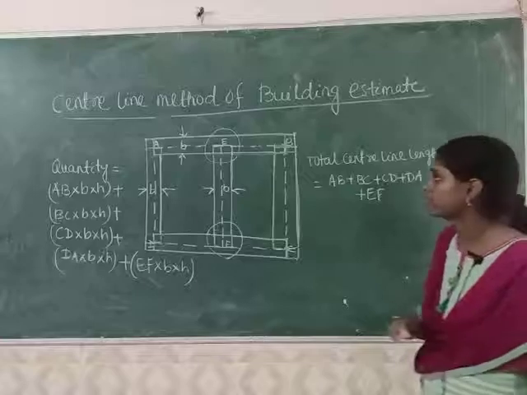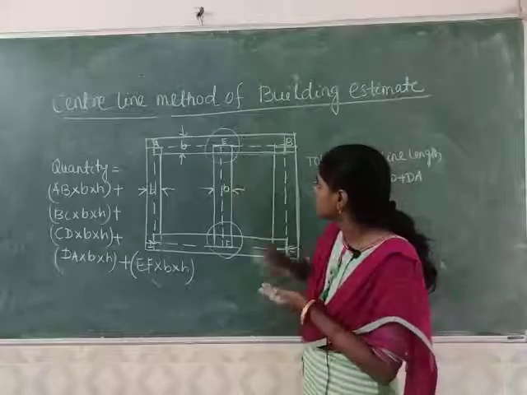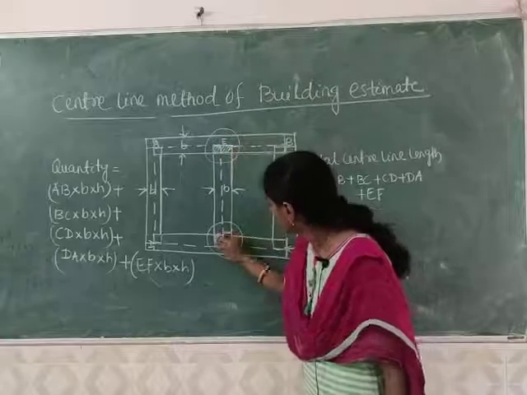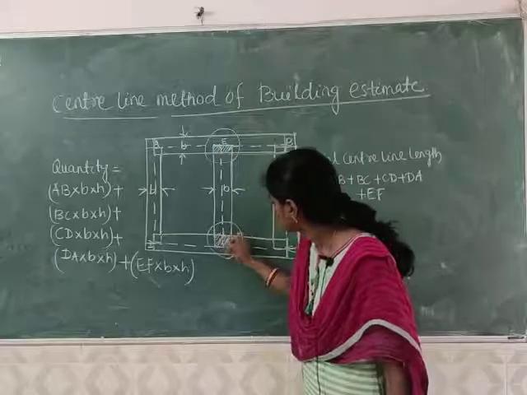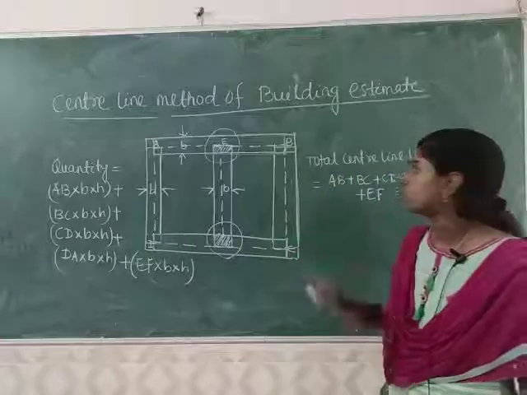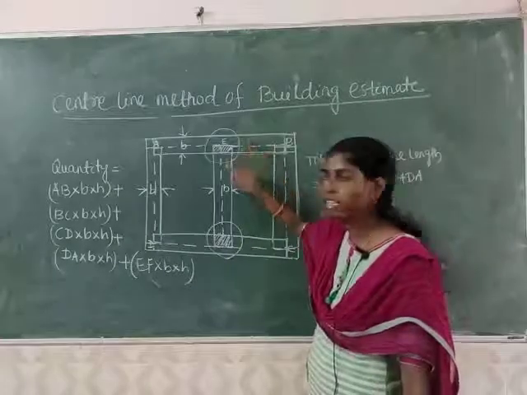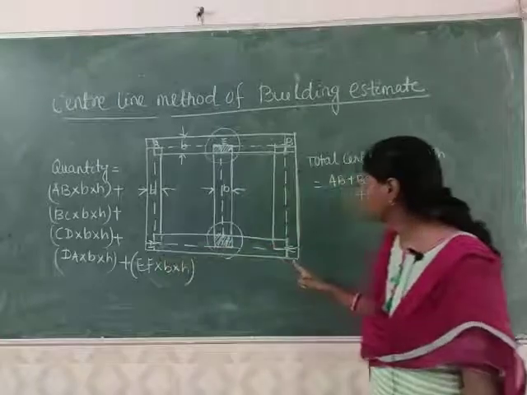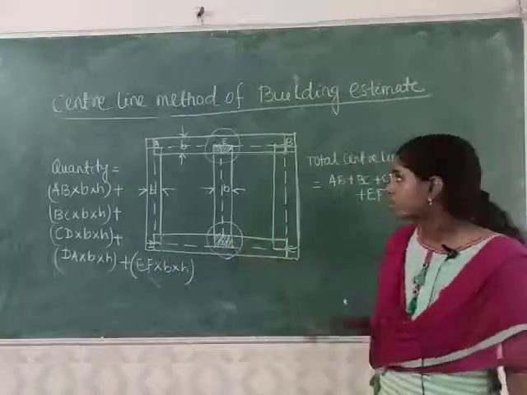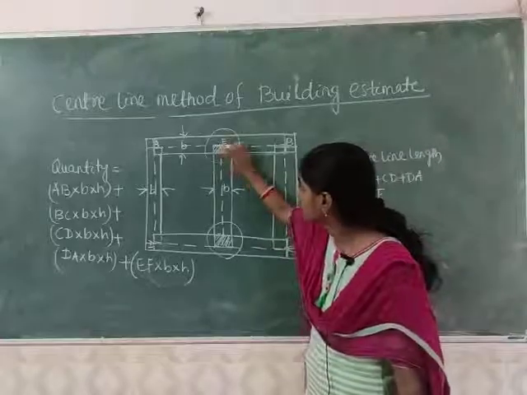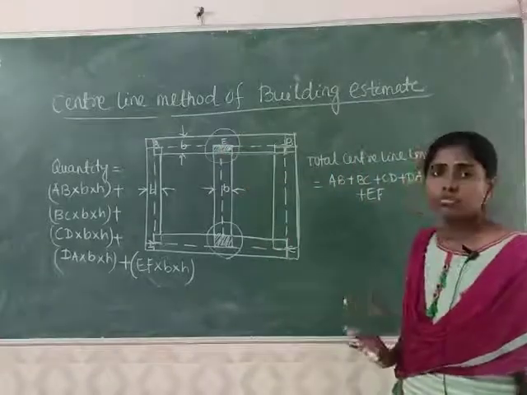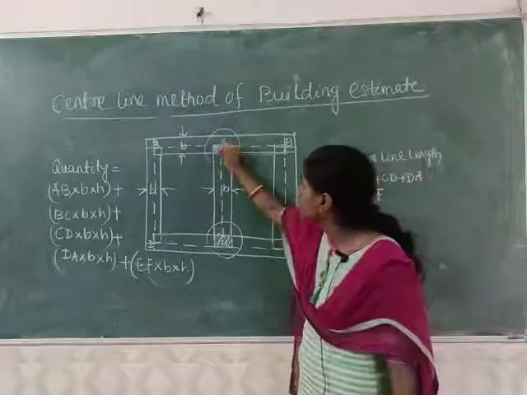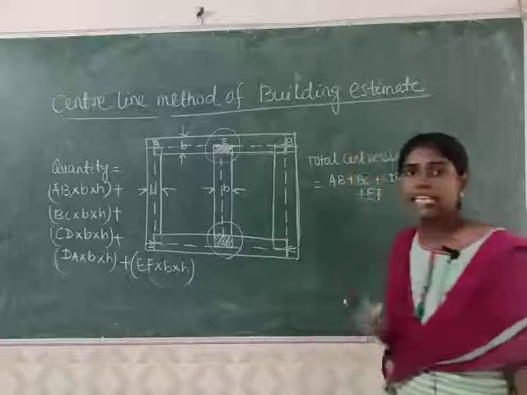So, mark here one thing, this portion is common to the wall AB and EF. Similarly, on the other side it is common to the wall CD and EF. So, this portion needs to be deducted from the total quantity, because this will come as an excess quantity.